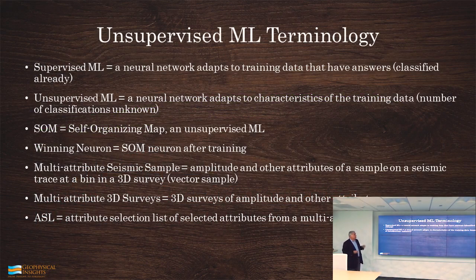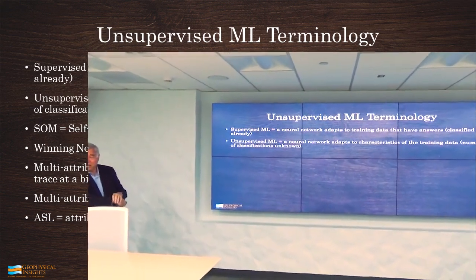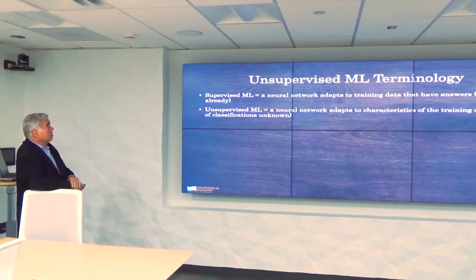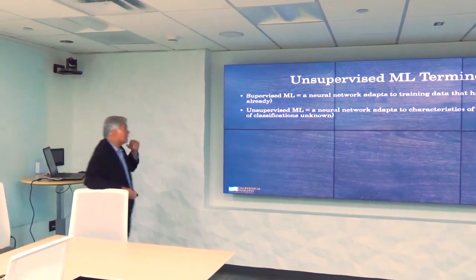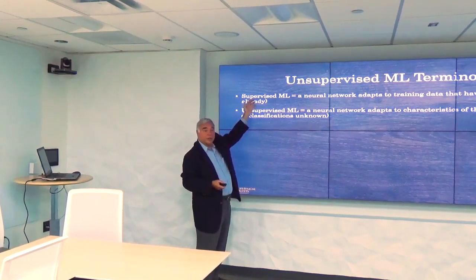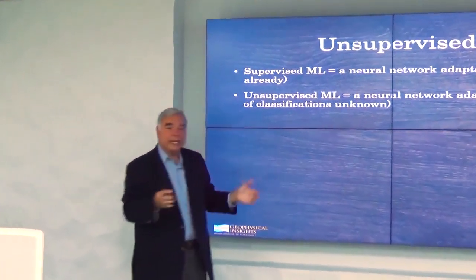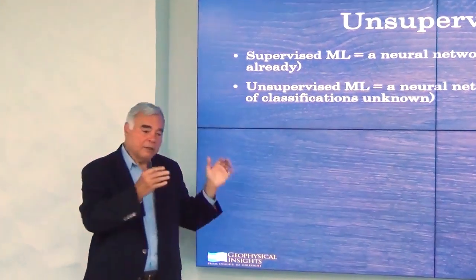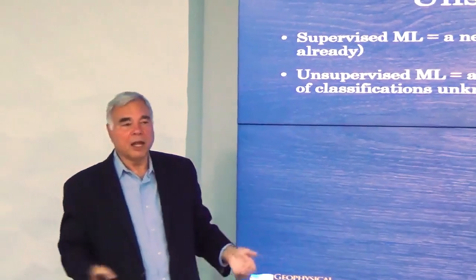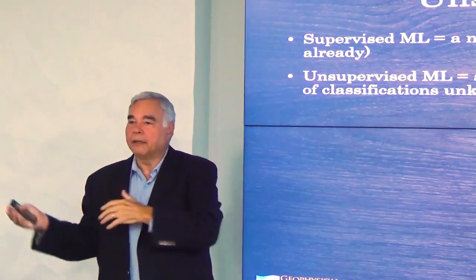All right, I thought it was kind of important here to take a short little time to review the terminology, because I suspect that it's not all that common to what you're familiar with. So let's take a look at the two terms here, supervised machine learning and unsupervised machine learning. Supervised machine learning simply means that we have a training set of data. In other words, if we have 8 lithologies, 8 facies, we're going to have 8 buckets of example data.